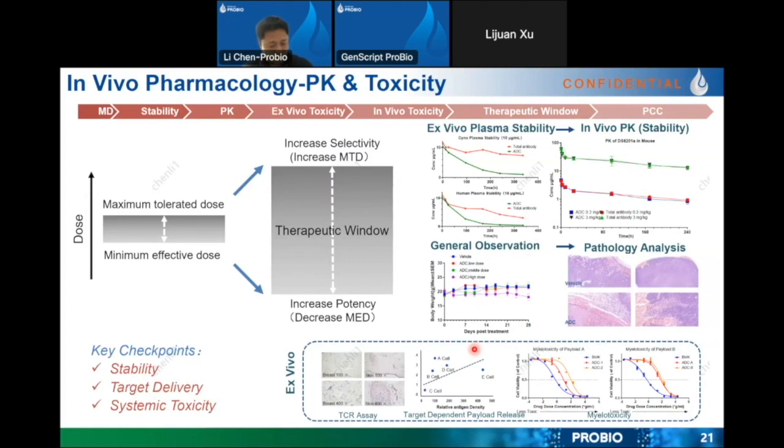Stability can be assessed by ex vivo plasma stability tests and in vivo PK studies. Myelotoxicity assay using CD34 positive stem cell ex vivo.